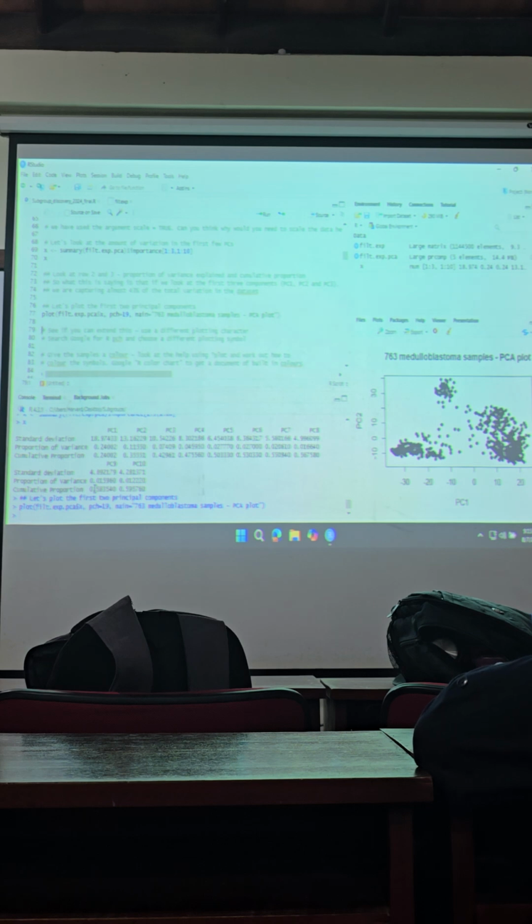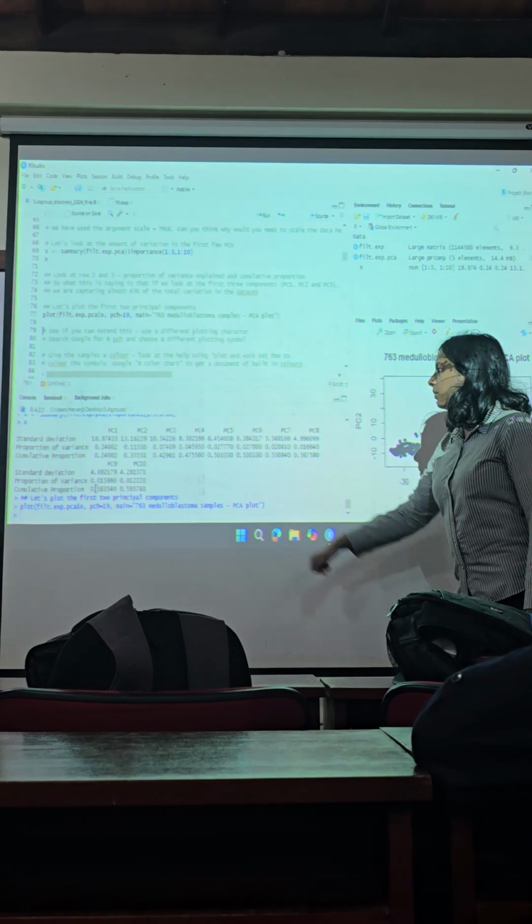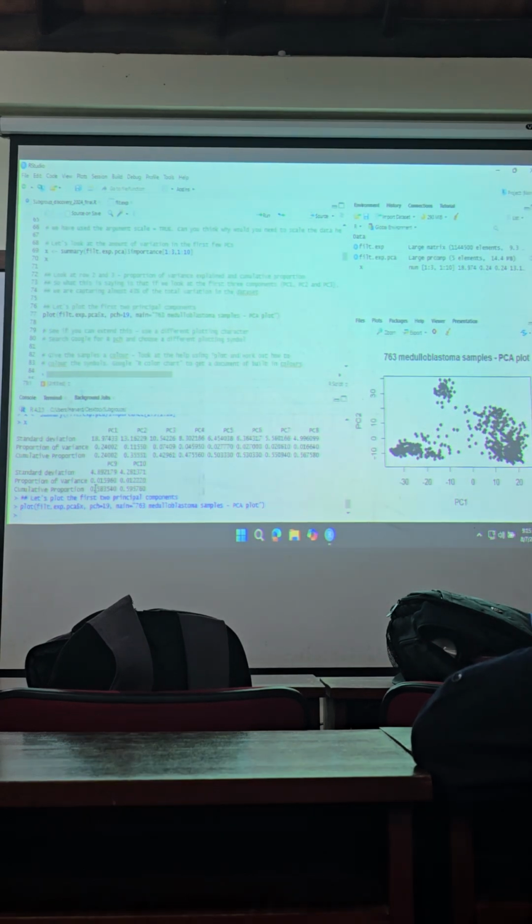So those are the three that we are going to use. How do we use them? We can either use a 3D plot to plot all three principal components together, or we take two of them at a time and plot them.